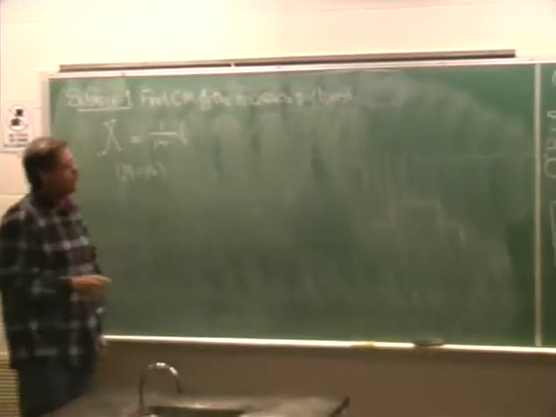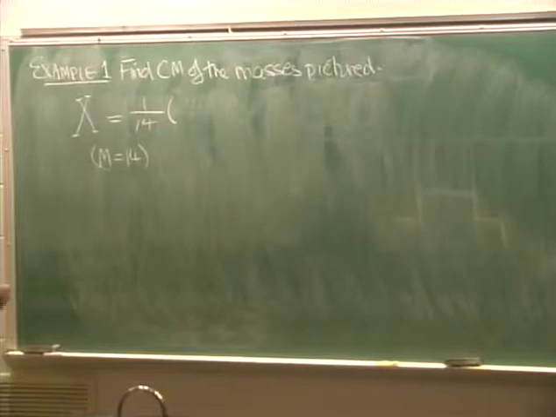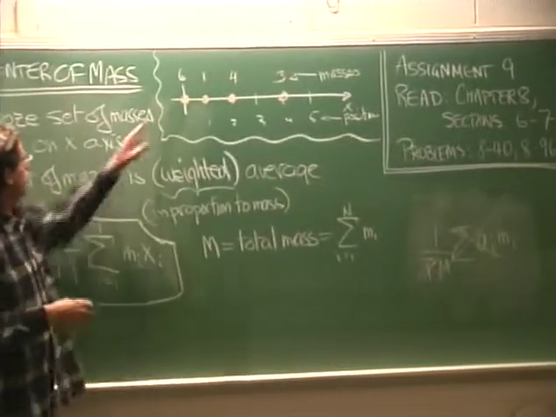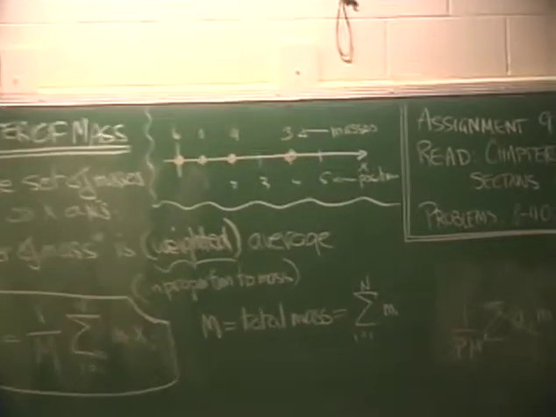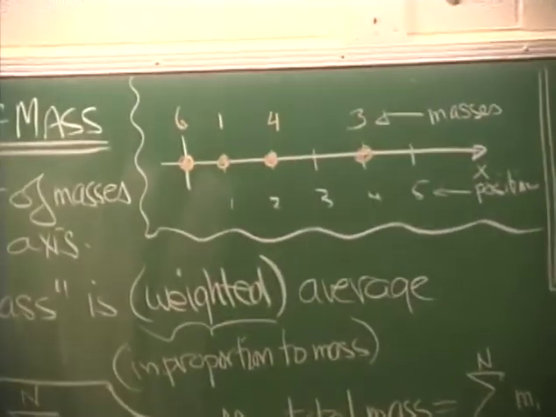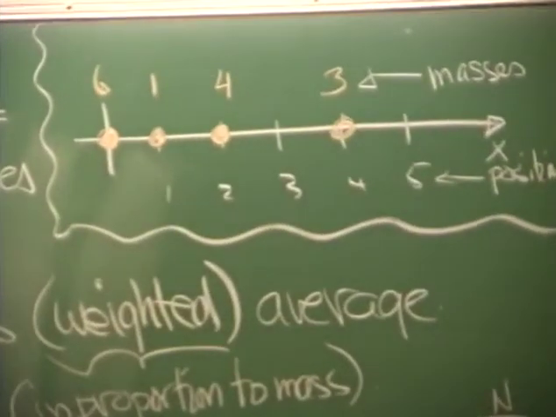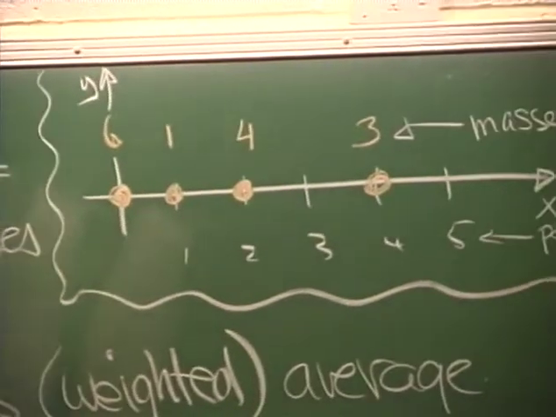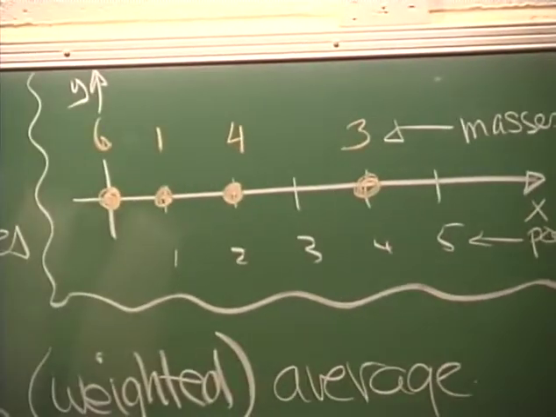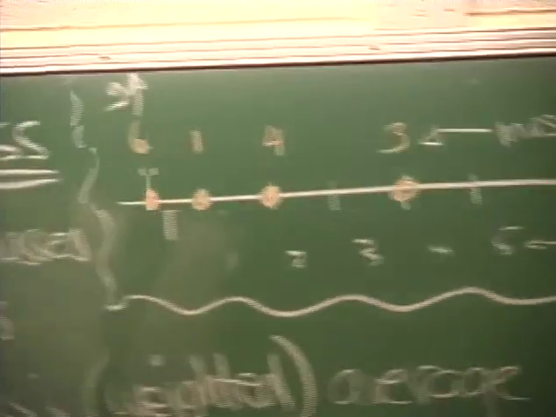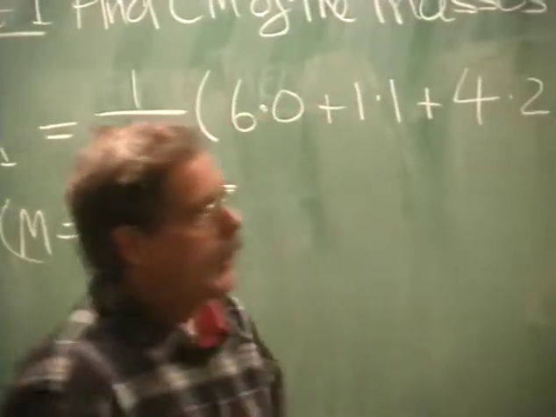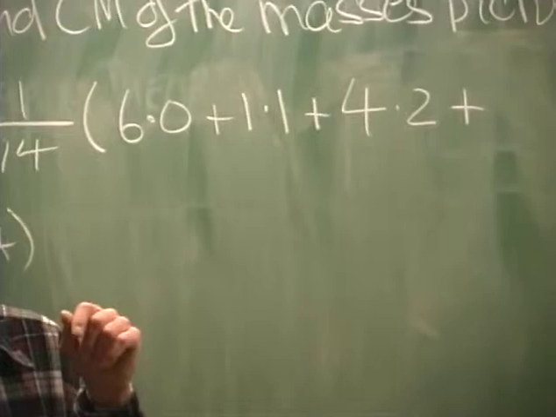And now I want to sum up the individual masses, each one multiplied by its location. So it would be 6 times 0. This is supposed to be the y-axis here. So that's at 0. Plus 1 times 1, plus 4 times 2, plus, last one, you tell me. 3 times 4.